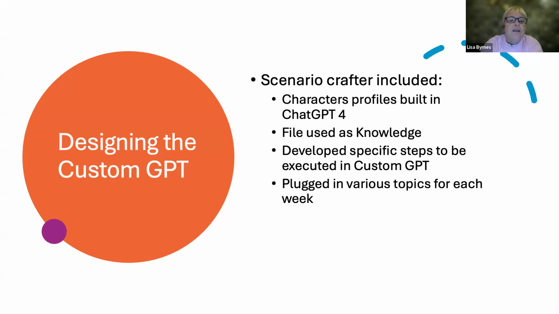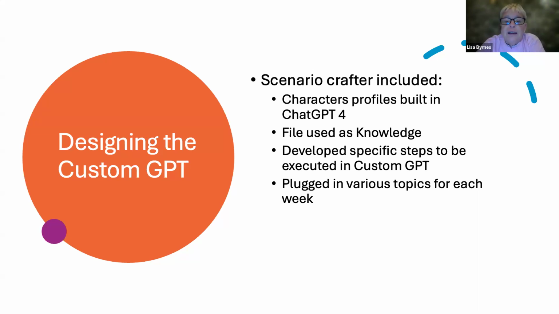And then we instituted a couple steps within our custom GPT. So we had the knowledge piece, which was the document that we used. We identified a couple steps that we wanted our custom GPT to follow so that we could use it each week. So we could just plug in a different topic each week. And this worked out actually very well.